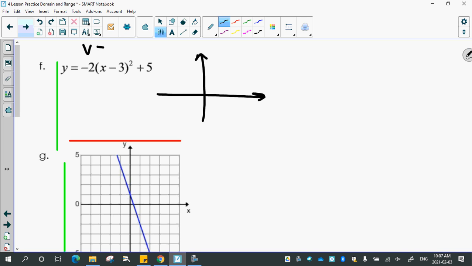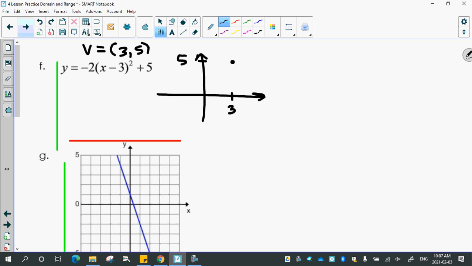What's the vertex of the parabola? +3, +5. Okay, so if you're rusty, it's the opposite number in the brackets with the x for the x, and the same for the number outside for the y. So the vertex, say it's h, k, has the opposite sign for the x and the same sign for the y. So 3, 5, so just pick a spot, and that's going to be 3 here and 5 here.